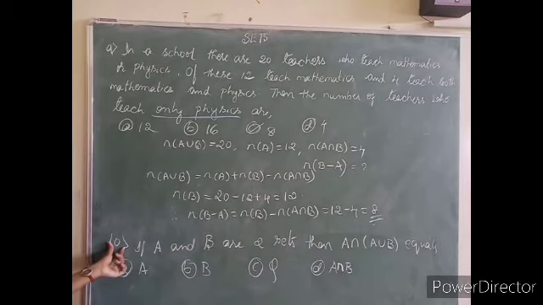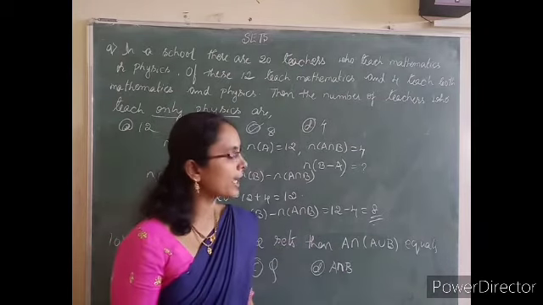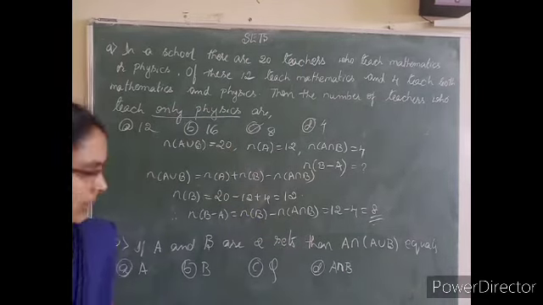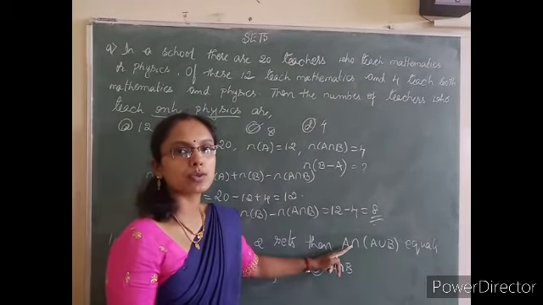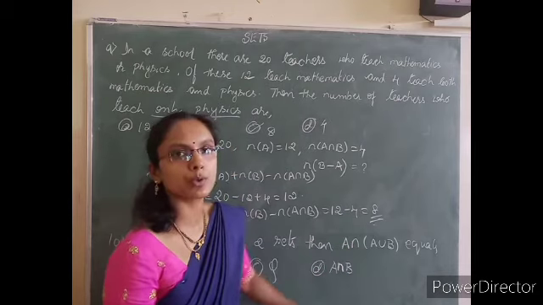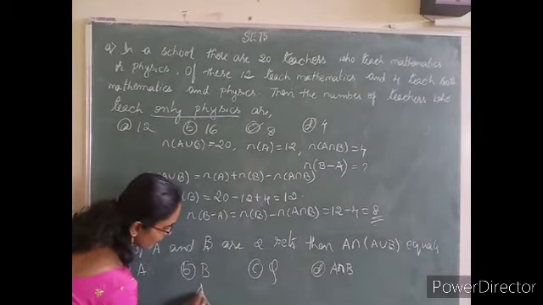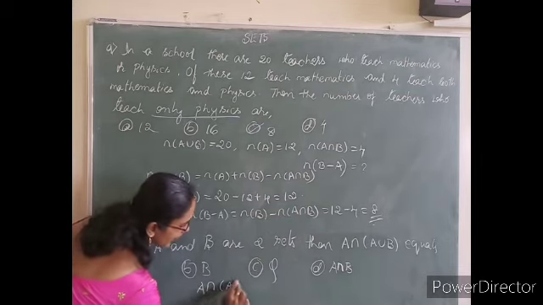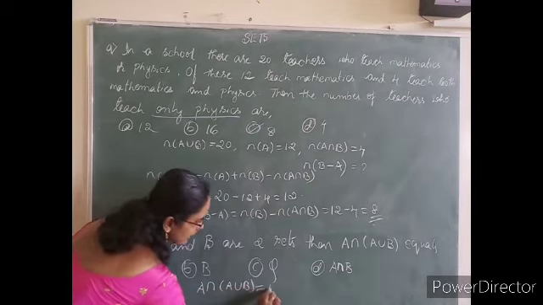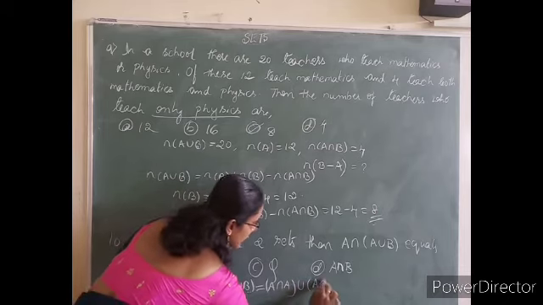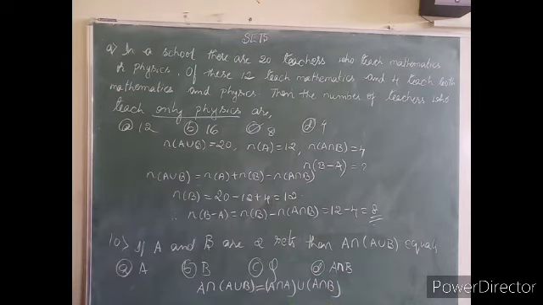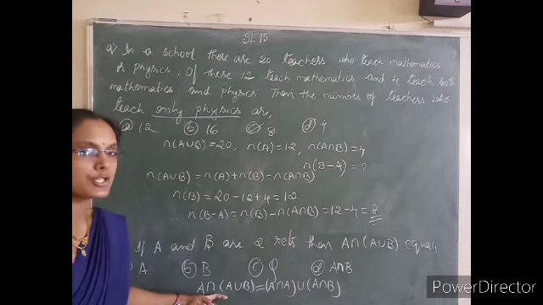Next one, the last question here. If A and B are two sets, then A intersection A union B is equal to. There are 4 options here. By using the associative property and also the distributive property, A intersection A union B can be written as A intersection A union A intersection B, using the distributive property.